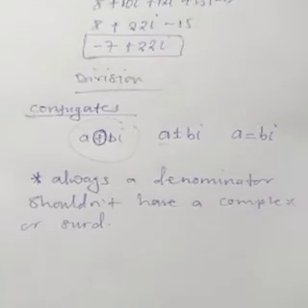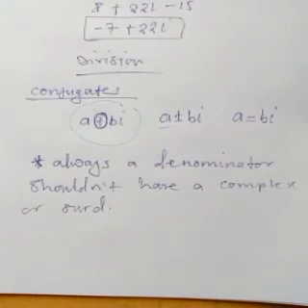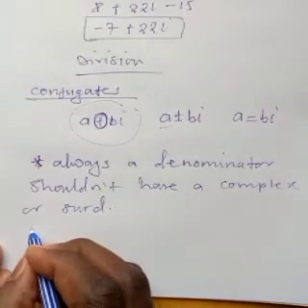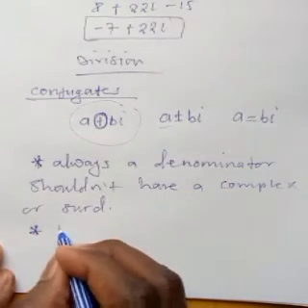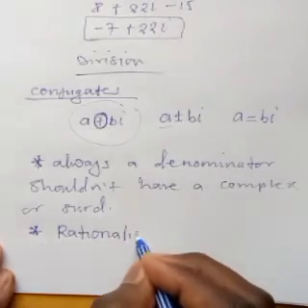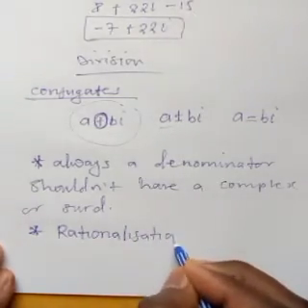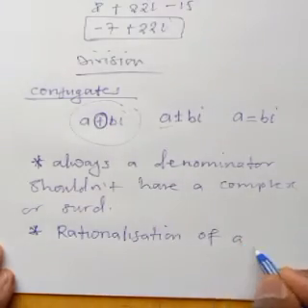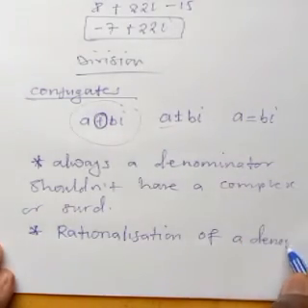This means you need to multiply both the numerator and the denominator by the conjugate of the denominator. That process is what we call rationalization of a denominator.